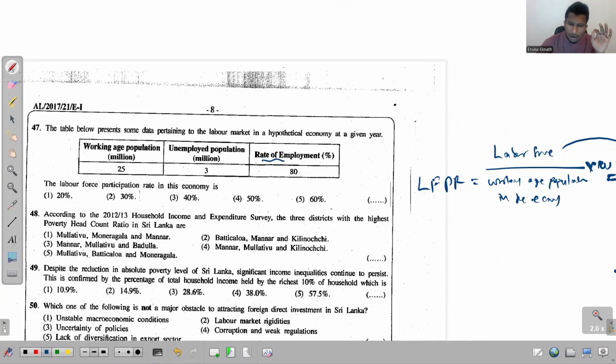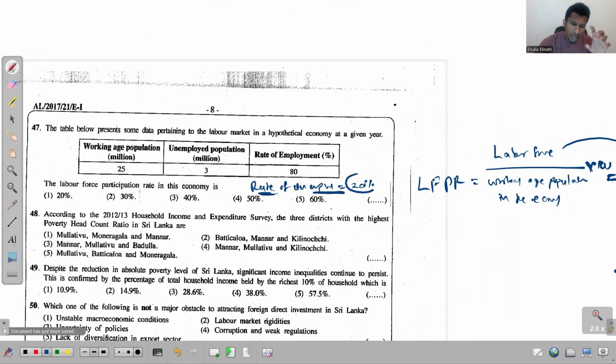So if rate of employment is 80%, right? Obviously the rate of unemployment has to be 20%. See, this is the rate of unemployment.